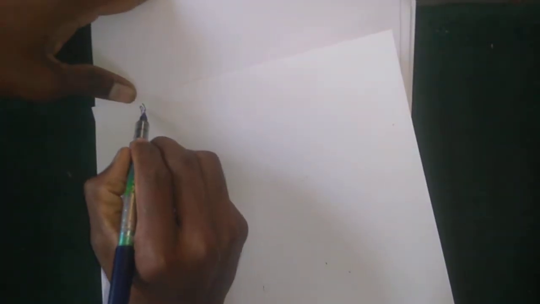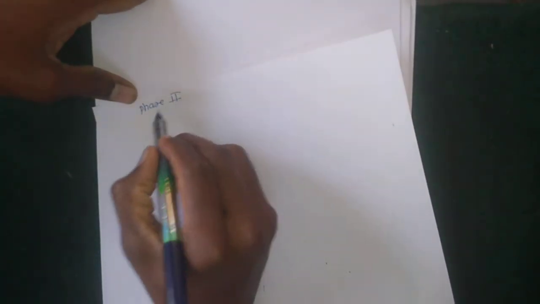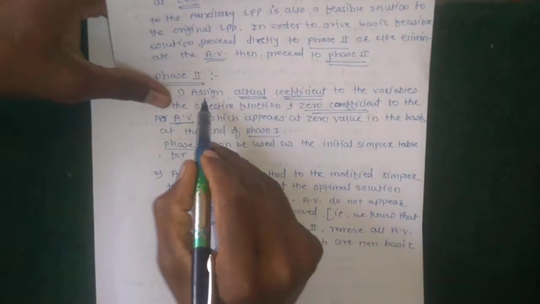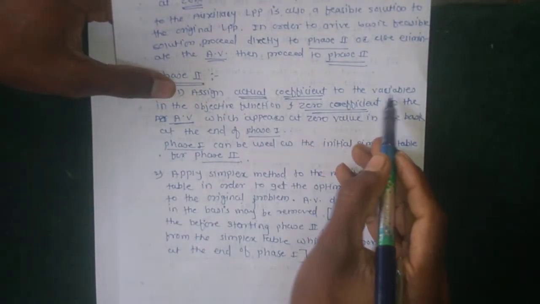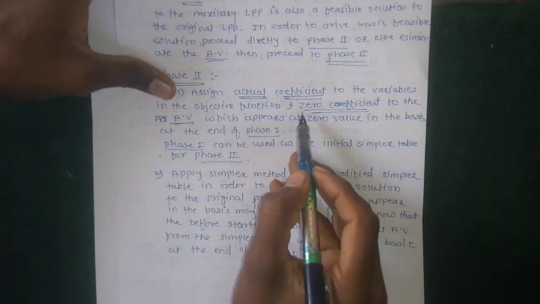Therefore, phase second method is... phase second method. Okay, so in phase second method, assign actual coefficient to variables in the objective function.